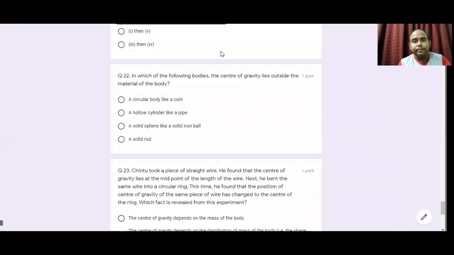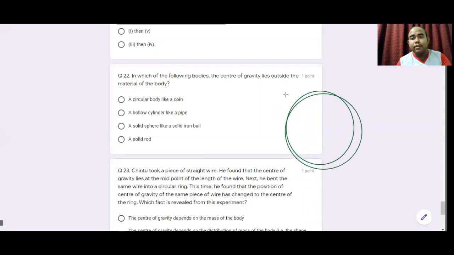Question 22. In which of the following bodies does the center of gravity lie outside the material of the body? So, we have learned about center of gravity. You must have learned that center of gravity does not necessarily lie within the material of the body. When you have a ring, and this question came many times in boards.